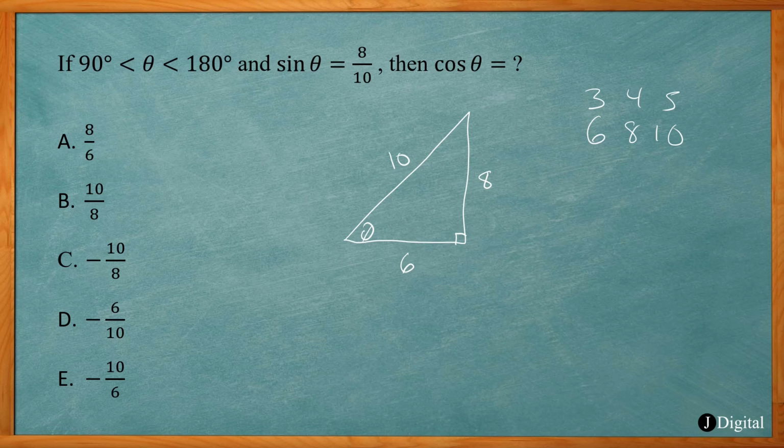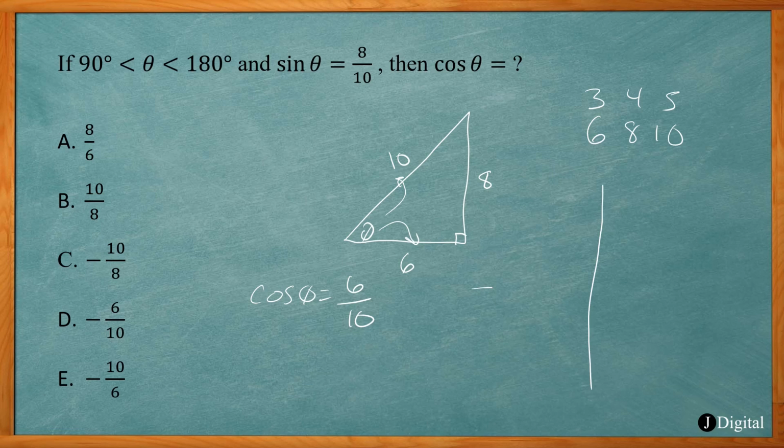Alright, so we got our three sides. We're finding cosine of theta. Remember that's adjacent over hypotenuse. So cosine theta equals 6 over 10. Now we also need to factor in where theta is.